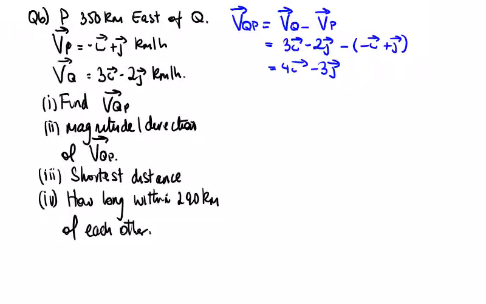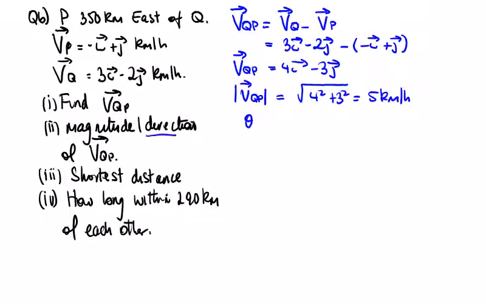We're asked for the magnitude and direction. Well, the magnitude of the velocity of Q relative to P is going to be 4 squared plus 3 squared, which is 5 kilometers an hour.